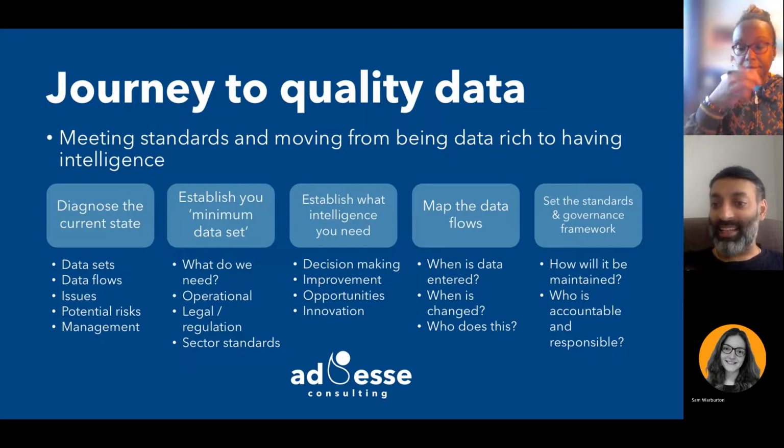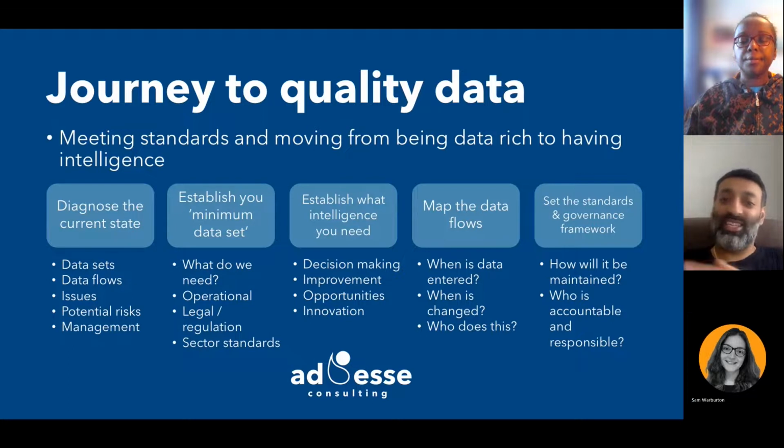You end up cleansing your data. You have the same issues every 4 or 5 years, because it degrades. Your data sets degrade, the flows degrade. So setting the standards is really important. So we're asking ourselves, how will it be maintained? Who is it that's going to take the accountability and responsibility for different elements? Who owns each data set?